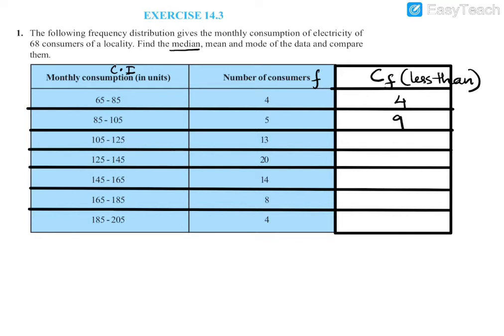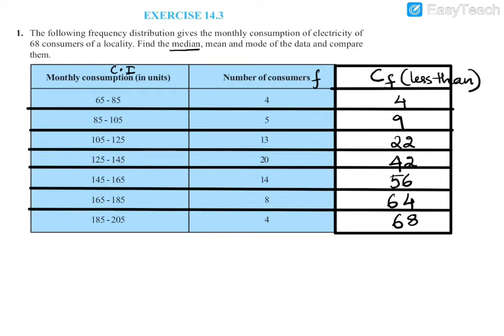Likewise, cumulative frequency for the next class interval will be 4 plus 5 plus 13, and that is equal to 22. Next number will be 42, 56, 64 and 68.